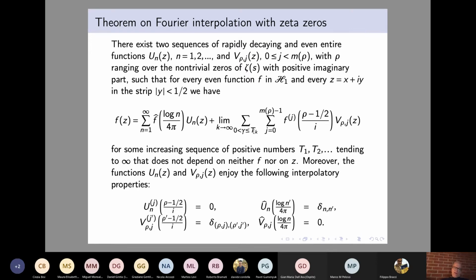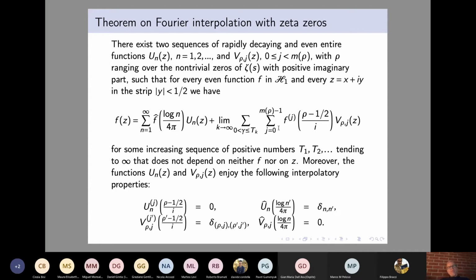Then there is a second term which is over the zeta zeros. Again, we have this possibility of multiple zeros. That's why I need to have a sum that takes that into account.